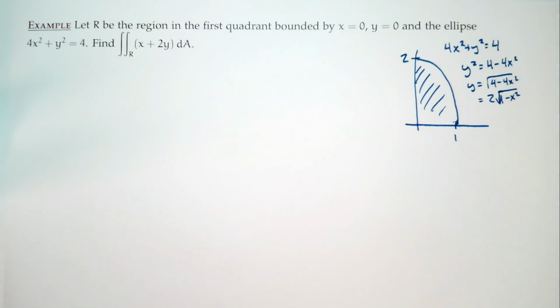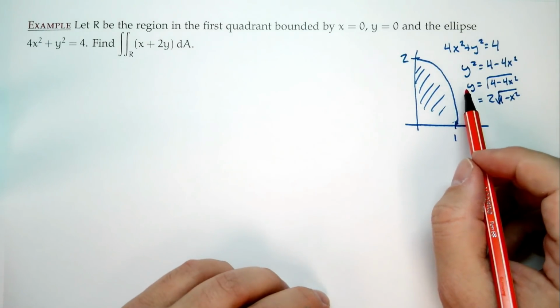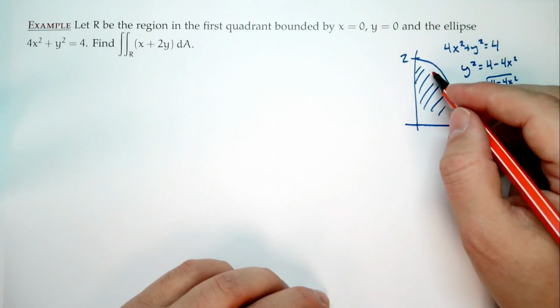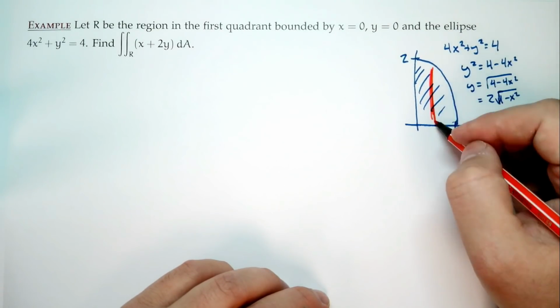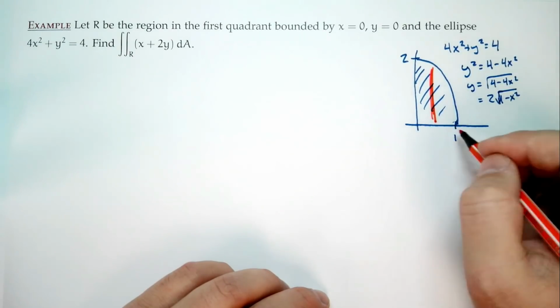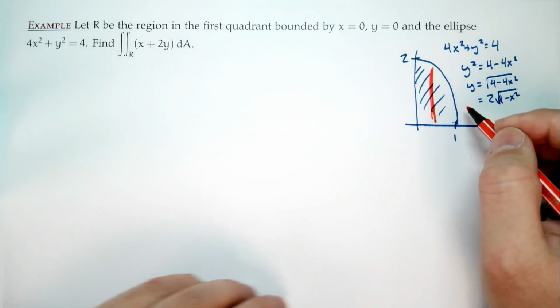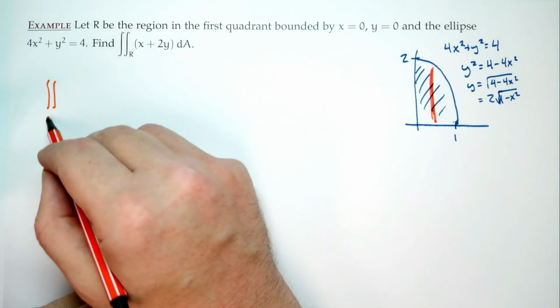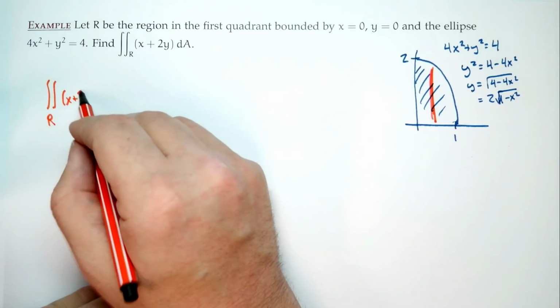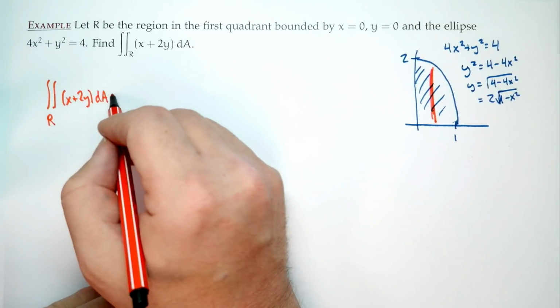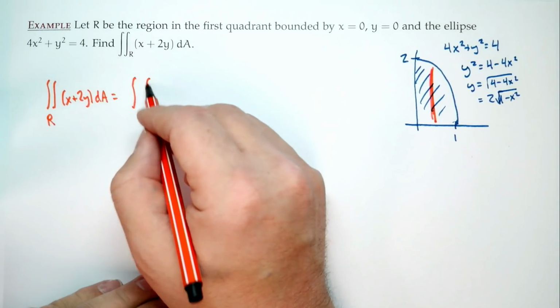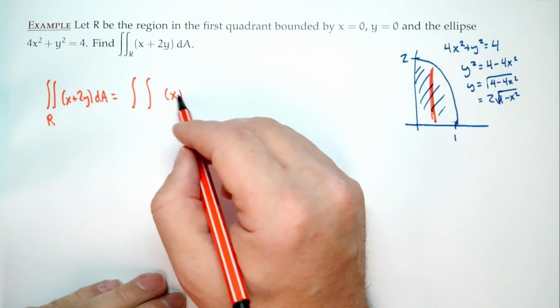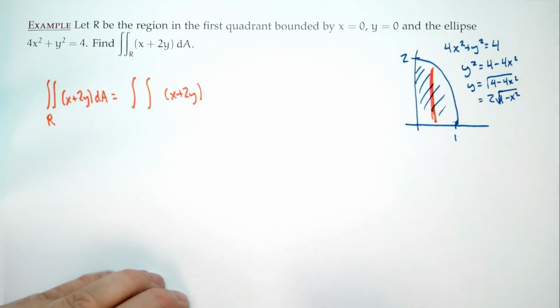What can we do? Well, we solved for y as a function of x, which means we really want to do slicing this way, because we want to go from a y equals to a y equals. So our integral over our region of x plus 2y dA is going to become the same function, x plus 2y. We're not changing the function, we're just doing a better job of describing our region.